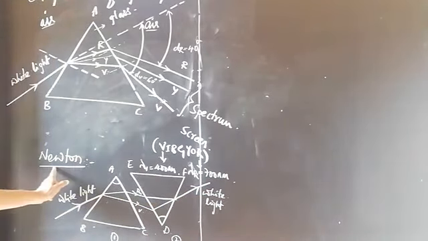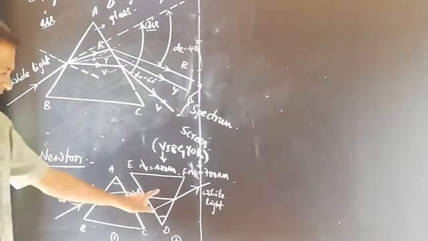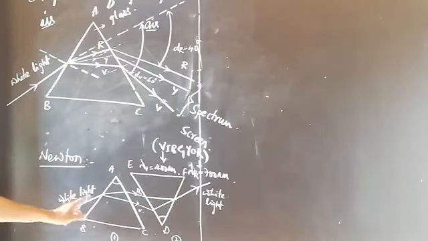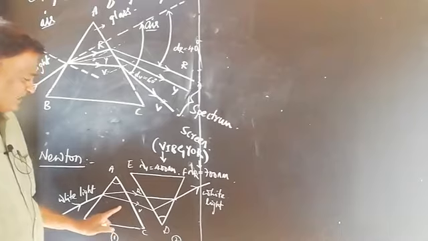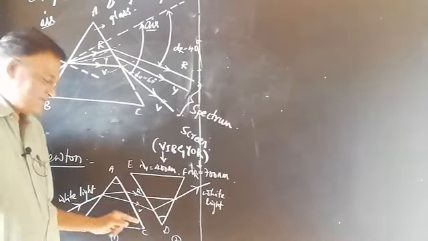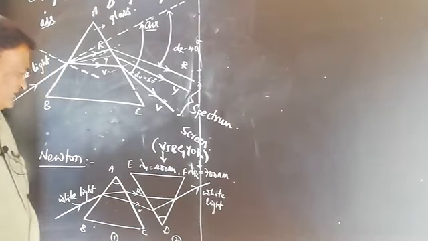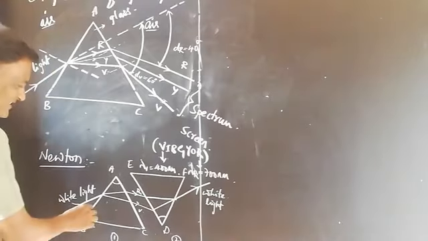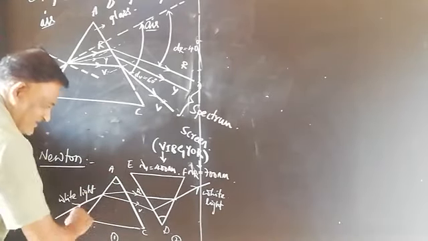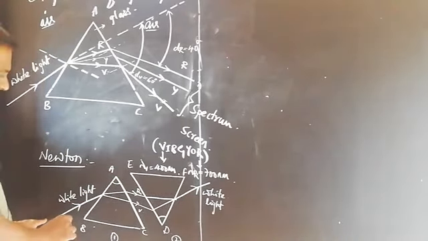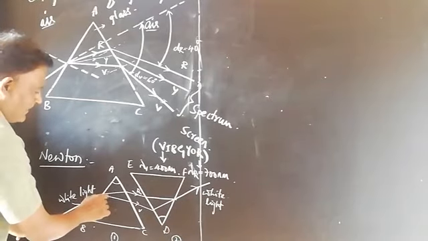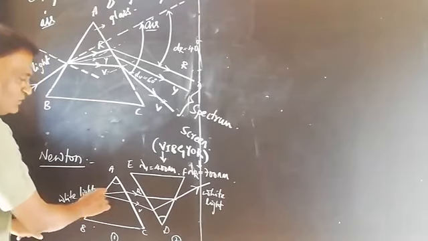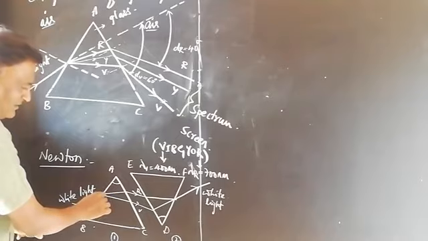So it was Newton who experimentally showed that white light is comprised of 7 colors and the prism acts as a dispersing agent. That's why when a white light is made to be incident on a glass slab, light undergoes twice refraction.